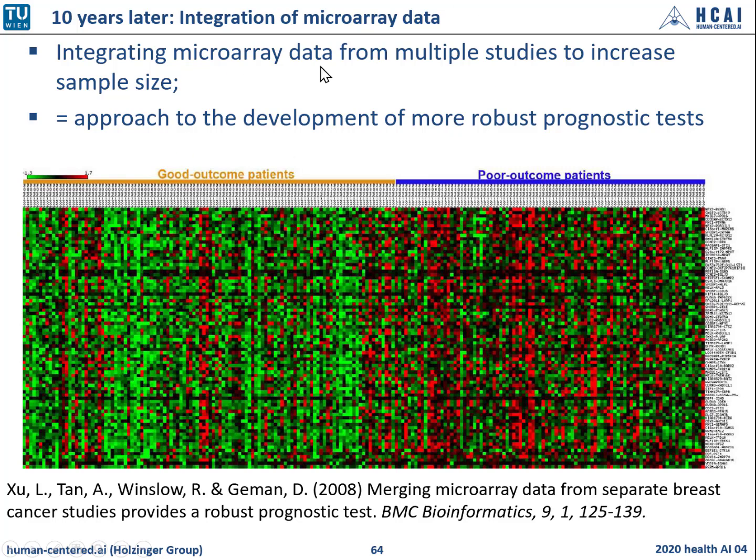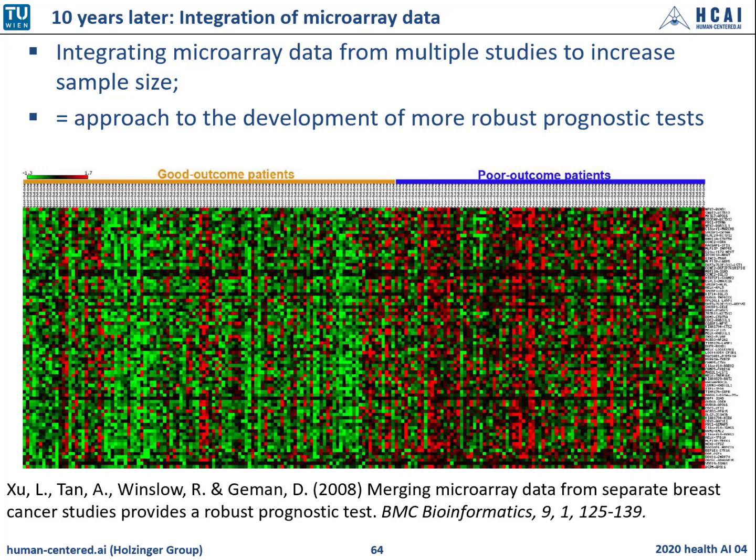So 10 years later, we have this integration of microarray data. Prognostic markers of breast cancer metastasis, to ensure that newly diagnosed patients receive appropriate therapy, are now very important. And within the last years, these studies have demonstrated the potential value of gene expression signatures in assessing the risk of developing a distant metastasis.